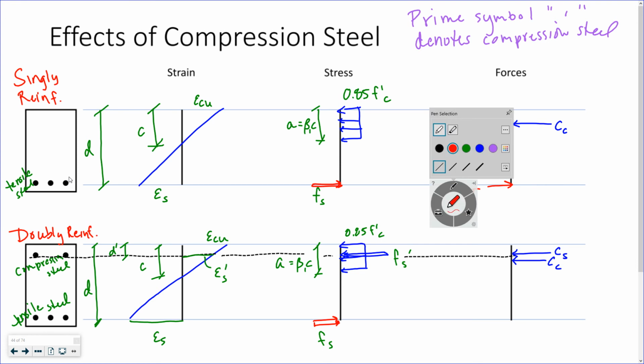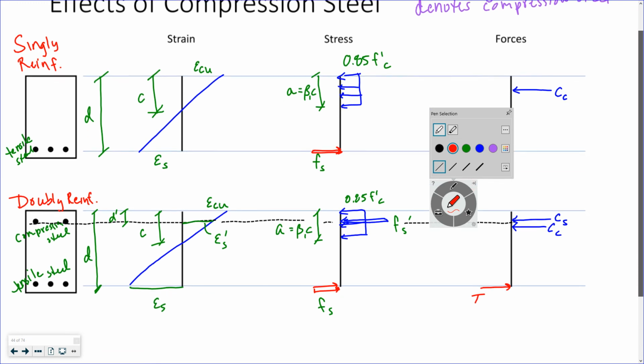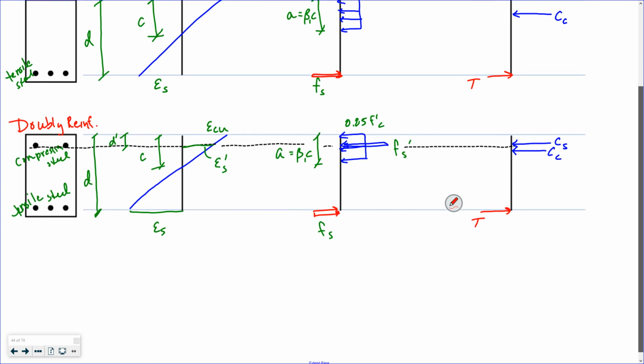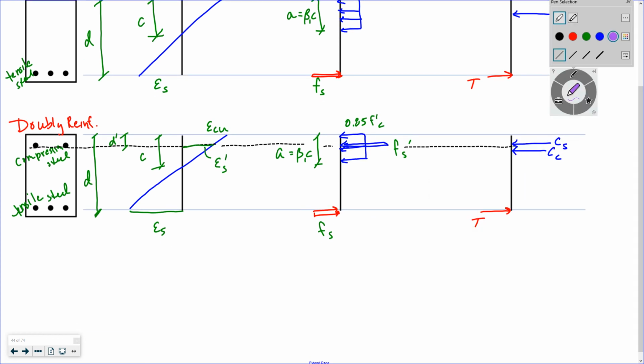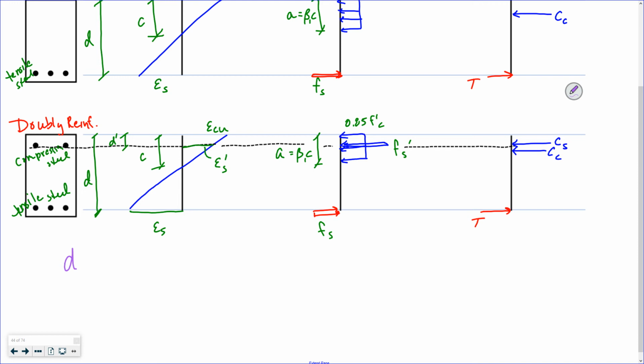And I finally have the tension force in my tensile steel. So let's define some stuff here. D prime.